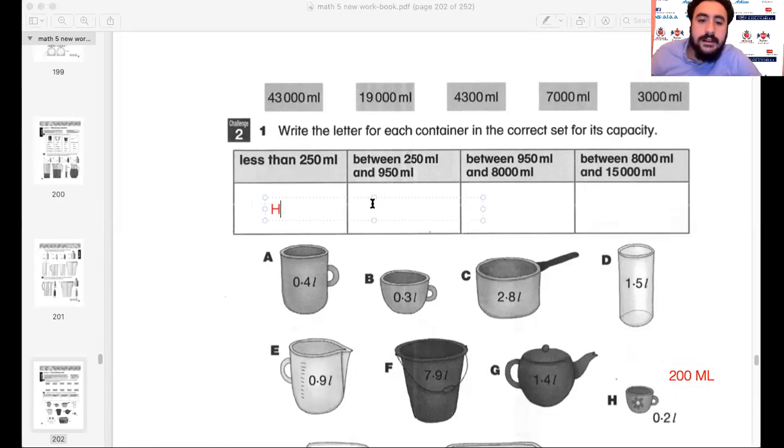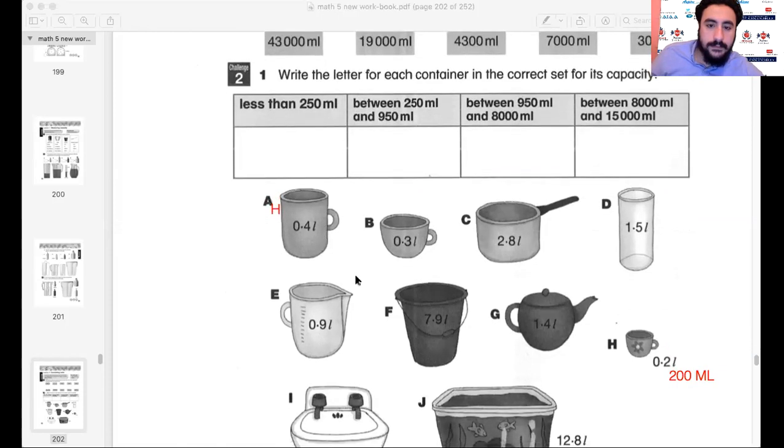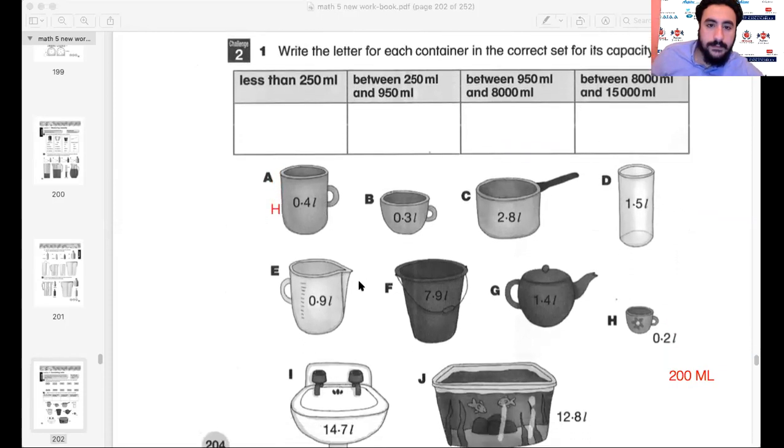Okay, what about between 250 and 950? E. Where is E? Okay, wait. Here. E and A and B. Okay, E. Where is E? Yes.